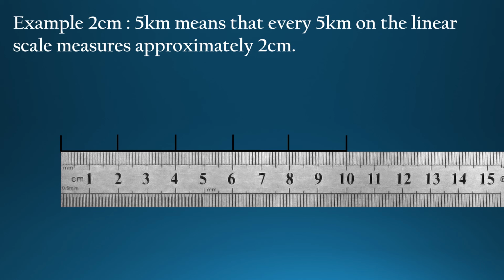Now, having done this, we are now going to count off or number our scale. All right, so we're going to say 0, and we're going up by 5 kilometers each time. So we say 0, 5, 10, 15, 20, 25.